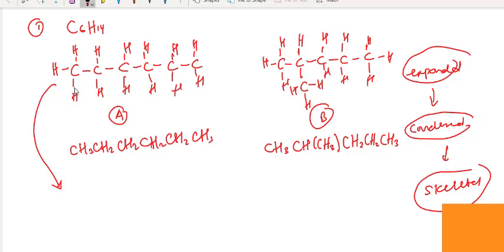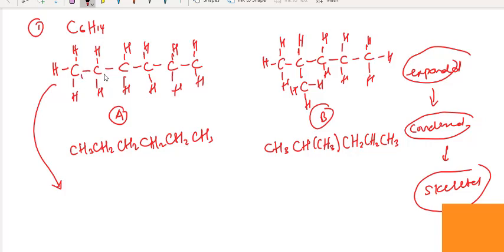We just look at the expanded structure because the structure is very clear: the location of the bonds, the location of the carbons, and which carbon the substituent is bonded to. So we can easily draw the skeleton from the expanded.